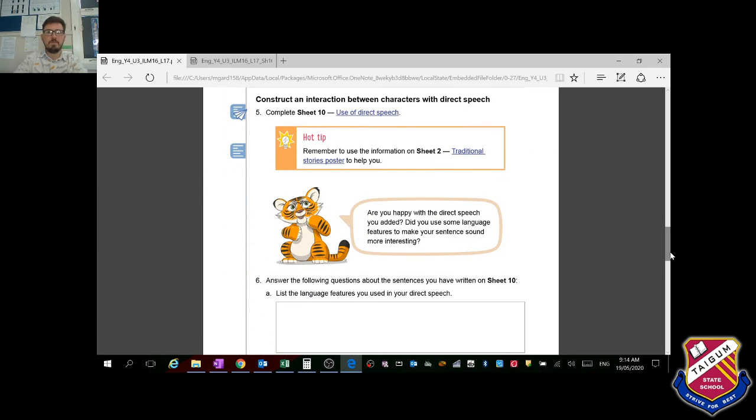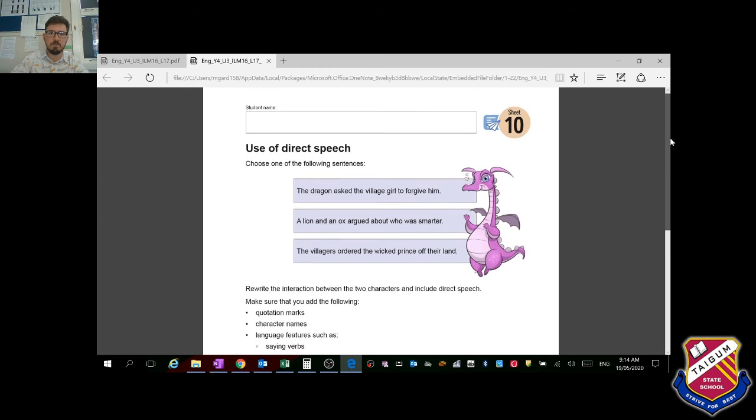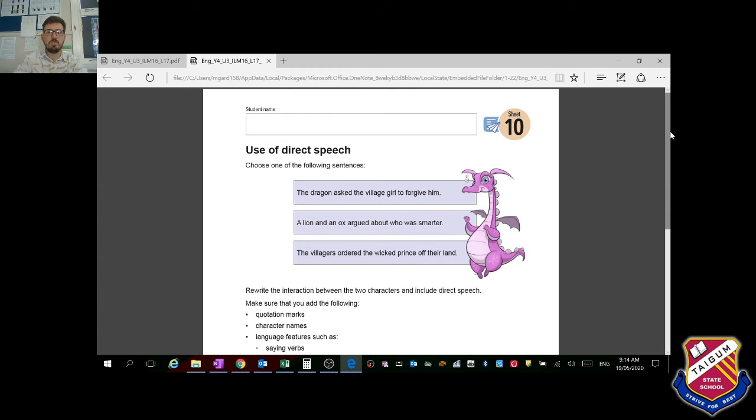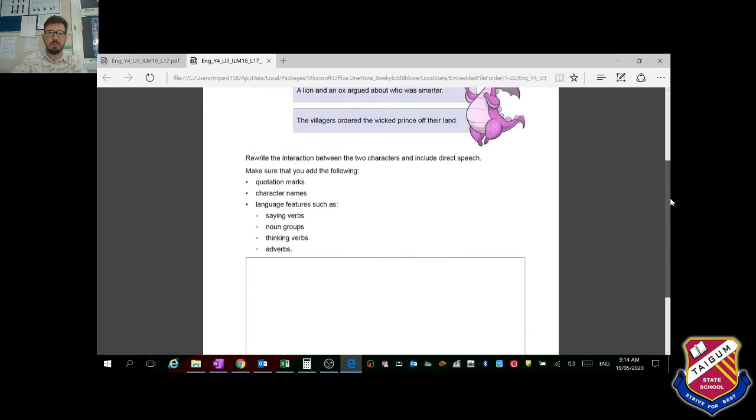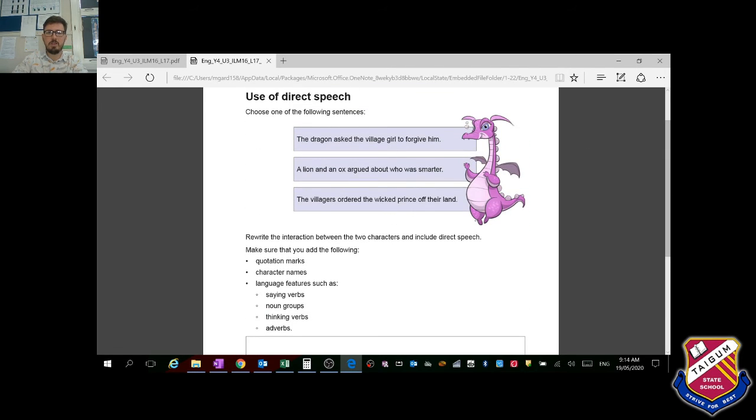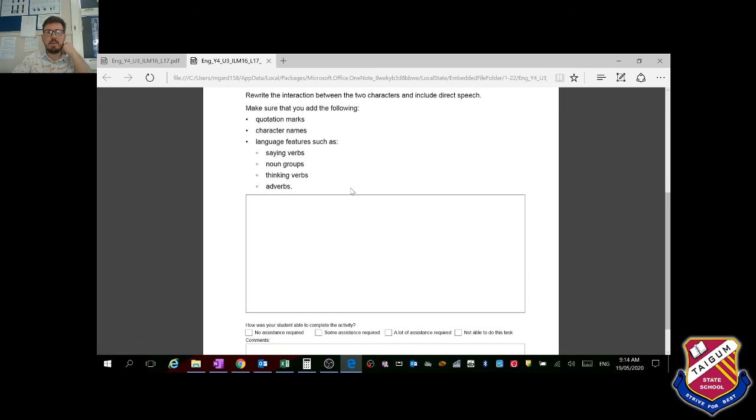The next part. Construct an interaction between characters with direct speech. It says complete sheet 10. So we'll go over to sheet 10, which is this one. And it says choose one of the following sentences. So out of those three, pick one. Then rewrite the interaction between the two characters and include direct speech.